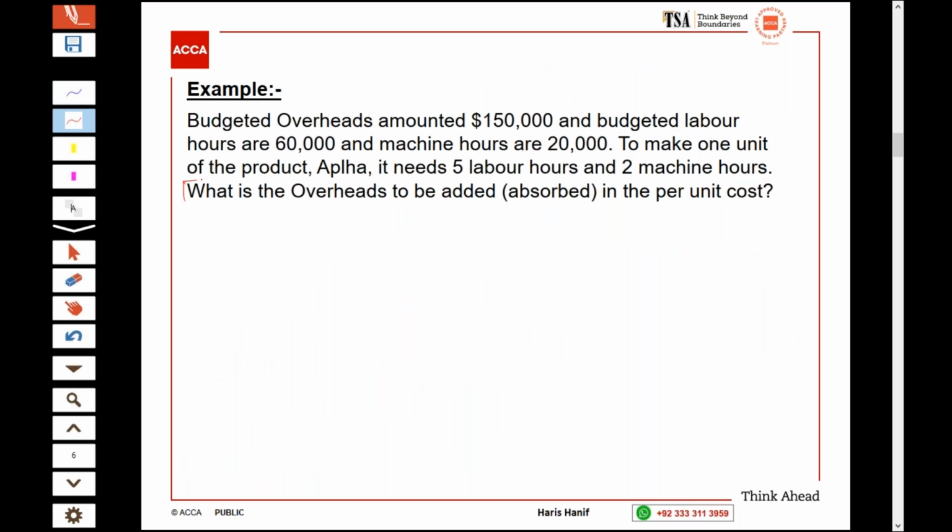First of all, we should read the requirement, which is at the last of the question. What is the overheads to be added in the per unit cost? First of all, read the question at your own pace.